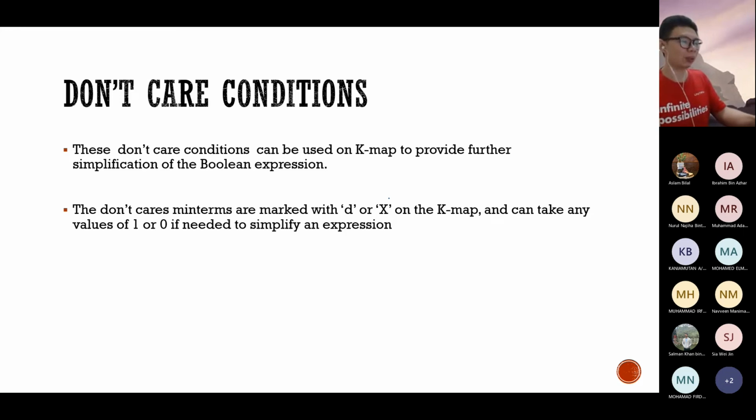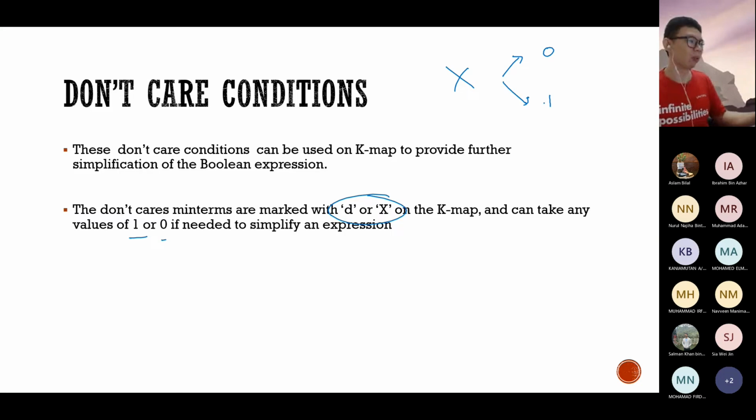The don't cares are usually marked with X or D on the K-map, and they could take on any value. So remember, don't cares can take on a value of 0 or a value of 1. It does not matter.